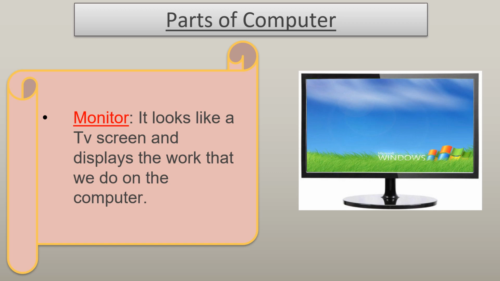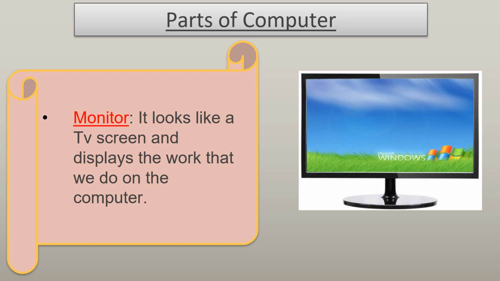The information that you see on the monitor is called the soft copy, and monitors are basically divided into three types: CRT, cathode ray tube monitors, LCD, liquid crystal display monitors, and LED, that is light emitting diode monitors. So monitor looks like a television screen and displays the work that you do on the computer.